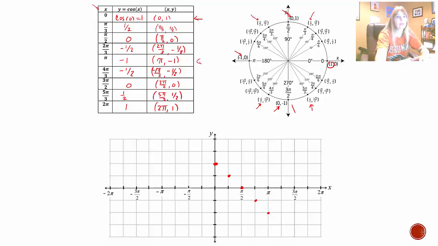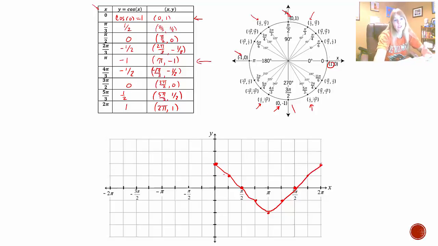Back to negative 1/2. At 3 pi over 2, it hits 0, 1/2, and 1. So let me attempt to hit these dots here. This is kind of what the graph looks like.